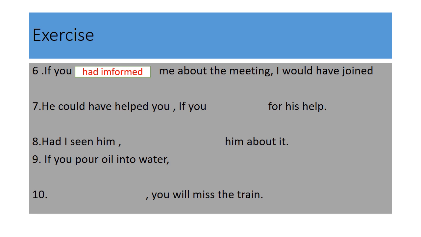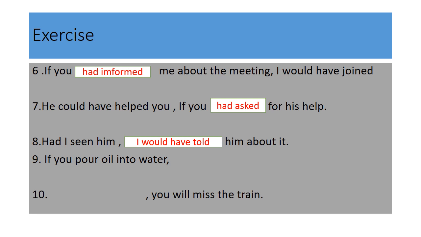Here the main clause is in third conditional form or perfect conditional, so you have to use past perfect tense in the if clause. The answer is, if you had asked for his help. Number 8, had I seen him, I dash him about it. The answer is, had I seen him, I would have told him about it.